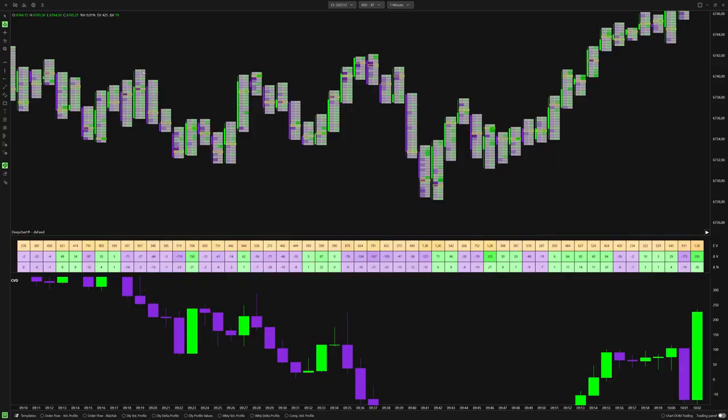So whenever you see that in this leg price went down, and in this leg price went down, but the delta didn't, it clearly shows us that there was more effort on this leg that caused price to drop. There was not as much effort on this one.